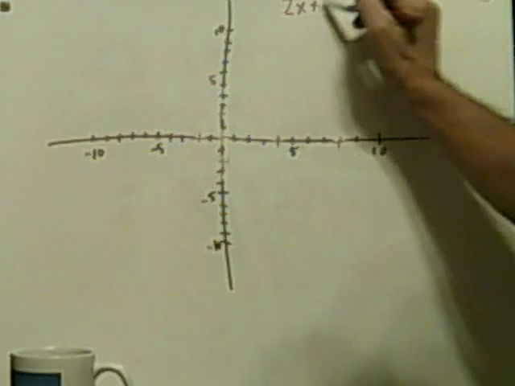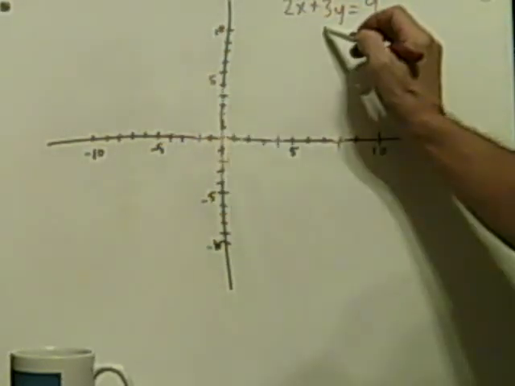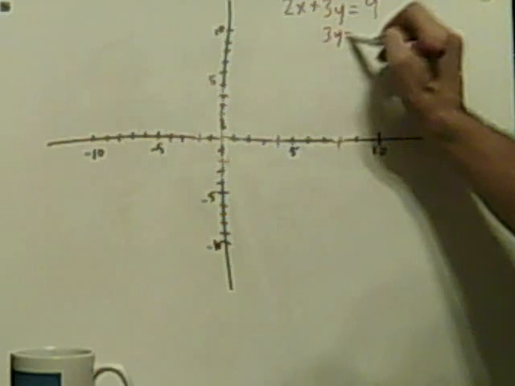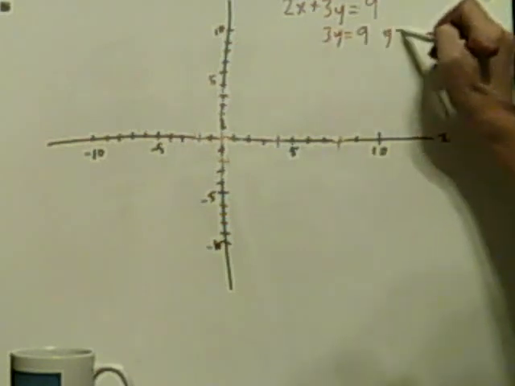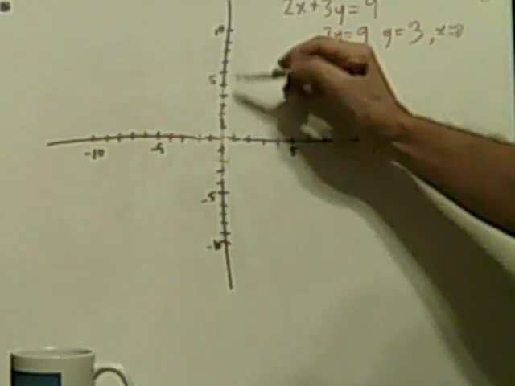Okay, now let's go to 30. 2x plus 3y equals 9. Well, let's set x equal to 0 to find the y-intercept. That would be 3y equal to 9, or y equal to 3. That's when x equals 0. So that's where it intercepts the y-axis.